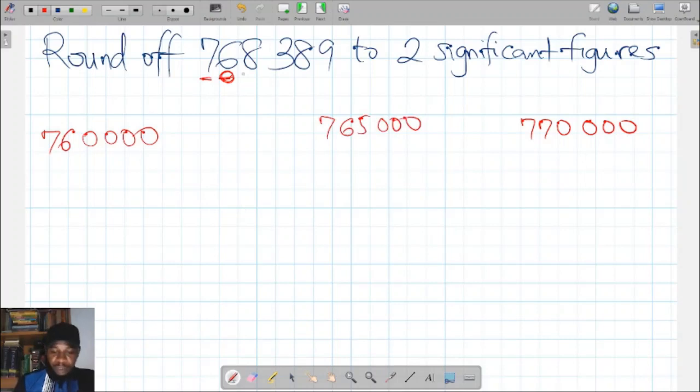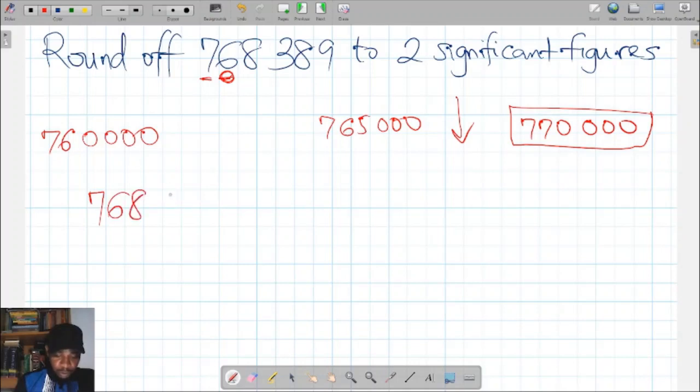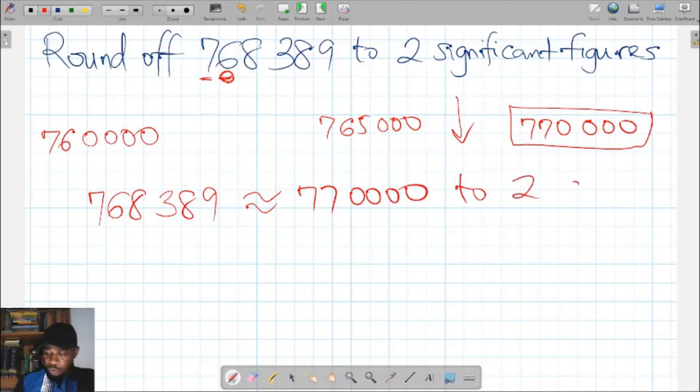Now, 768,000 falls after that, in between 765,000 and 770,000. So, the upper bound will be the number that we are rounding off to. So we say 768,389 is approximately 770,000 to 2 significant figures.